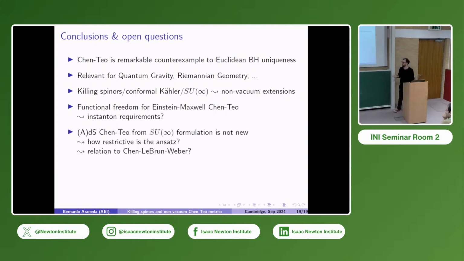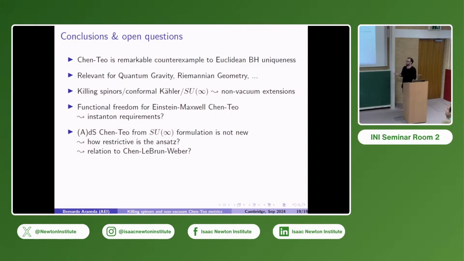And then for the cosmological case, what I tried to show is that from the point of view of the S infinity formulation, the solution does not appear to be new, unless there is some subtlety in the calculations, which could well be. So natural questions are, first of all, how restrictive is the Chen-Teo ansatz?